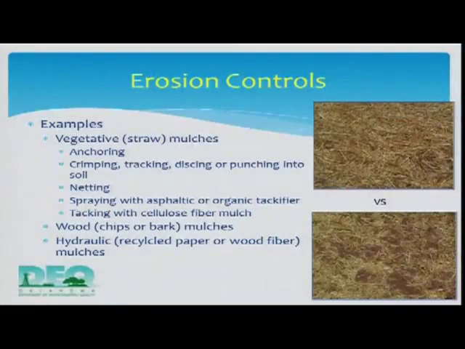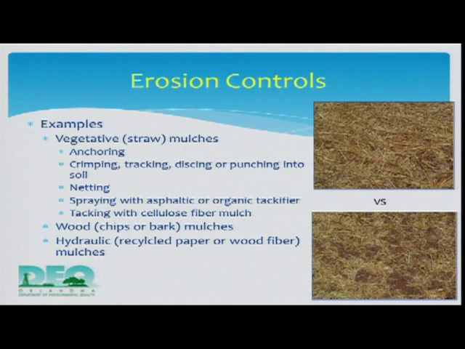Vegetative mulches are very effective when they're applied properly. You want one where basically you almost can't see the ground. 80% coverage is what you're looking for there, and 80% coverage is almost no ground visible.